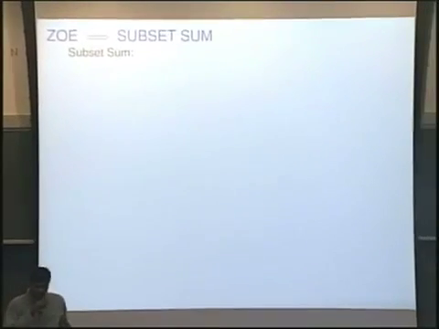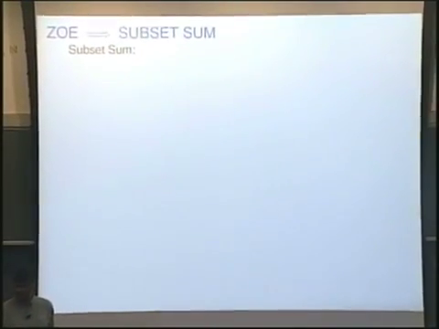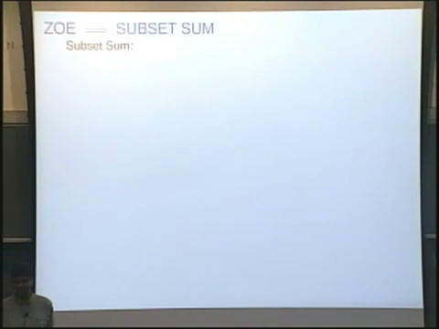Now you were asking about subset sum. I'm going to show that subset sum is at least as hard as 0-1 equality. Do people see how that might be possible?